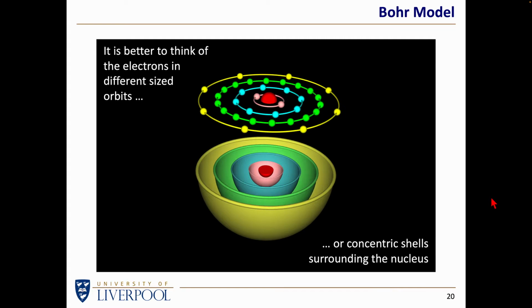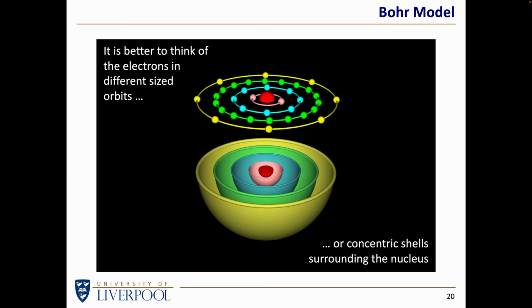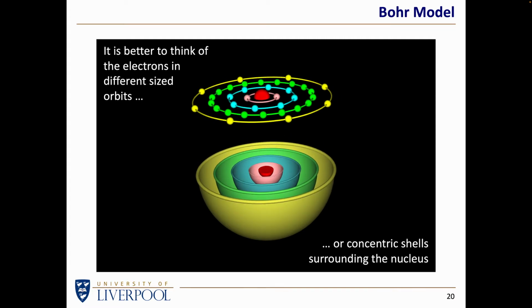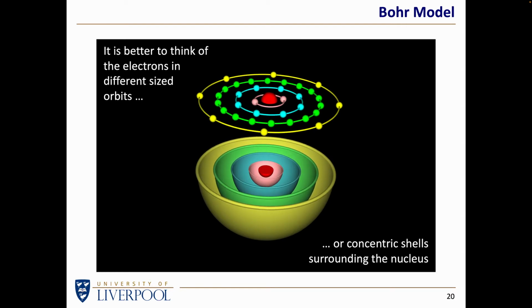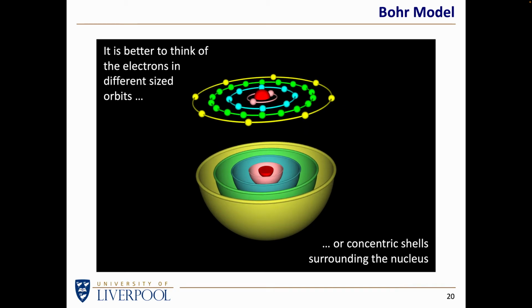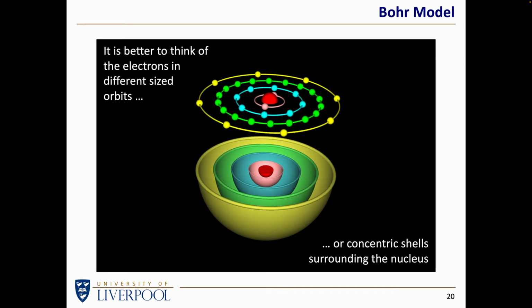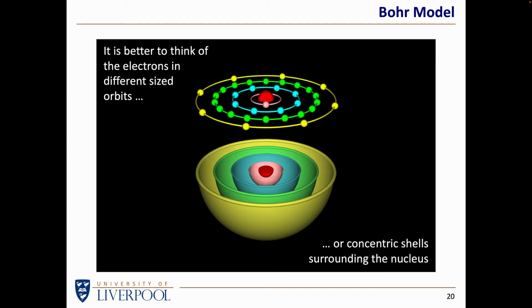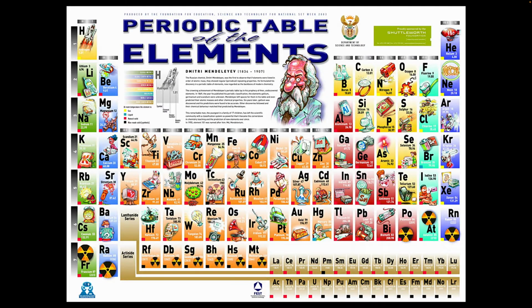It's not like one planet per orbit, which it is in the solar system. So it's rather different, and it's rather dangerous to start thinking about an atom as simply a solar system of electrons buzzing around the central sun or nucleus.